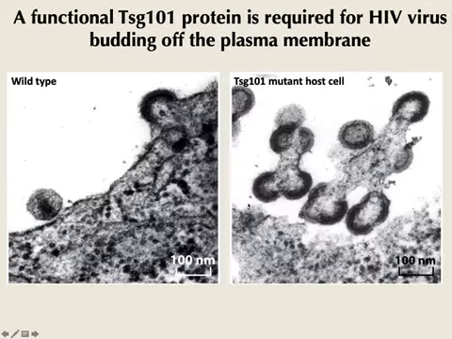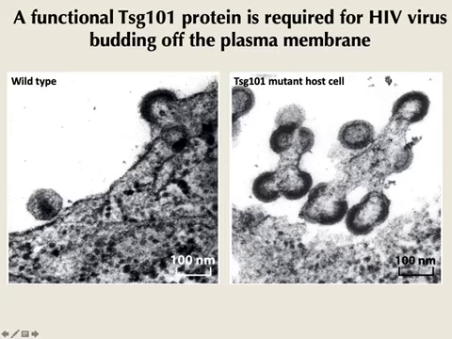And then if you block TSG101, that's what this image is showing. If you use a TSG101 mutant host, you see the viral particles can begin to form. Here they can detach in a wild type, but eventually they do not detach.